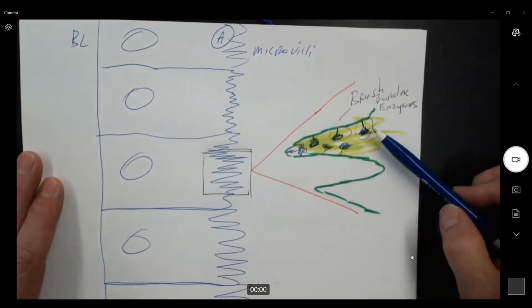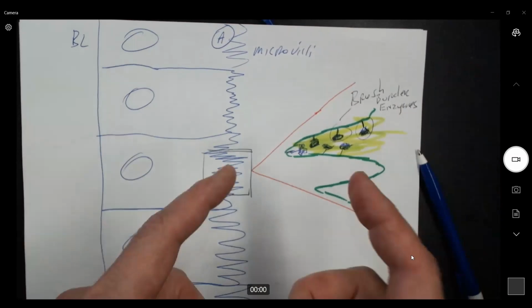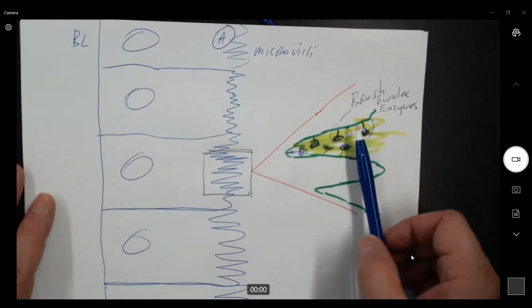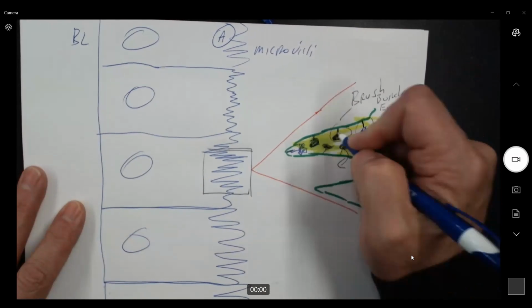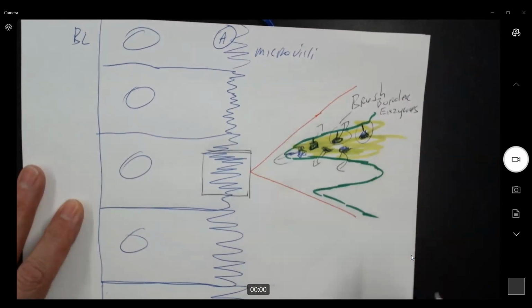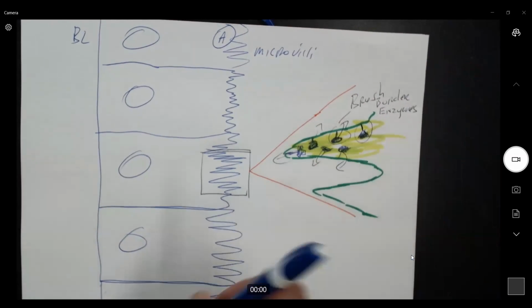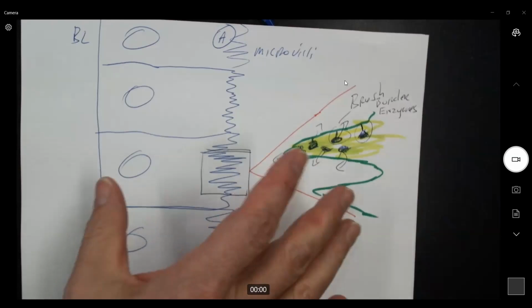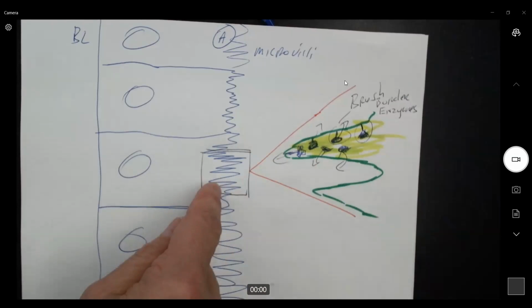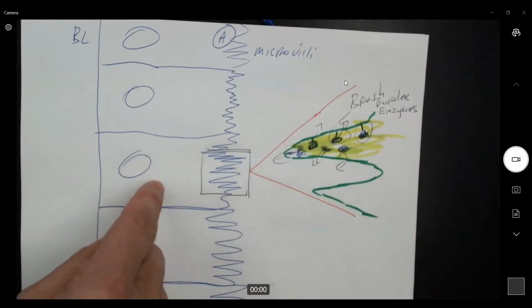So these brush border enzymes take larger macromolecules that the cell can't absorb, break them into monomers that now the cell can immediately absorb. And this makes digestion much, much, much more efficient. Brush border enzymes at the microvillar surface that is found at the apical surfaces of these enterocytes.